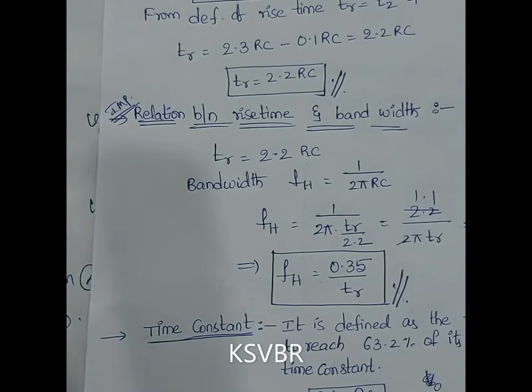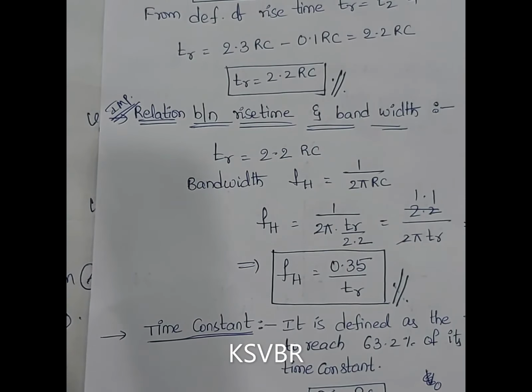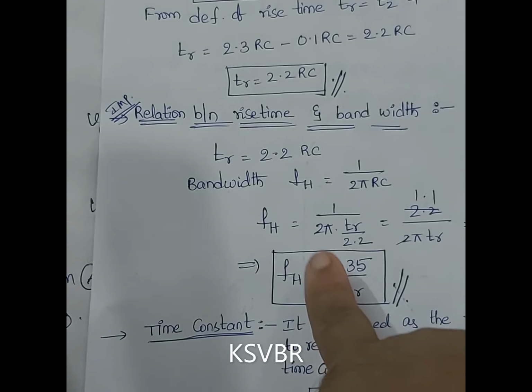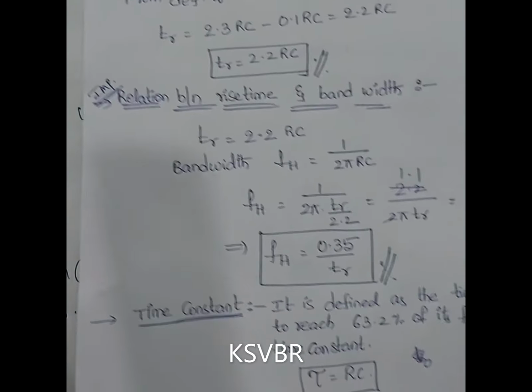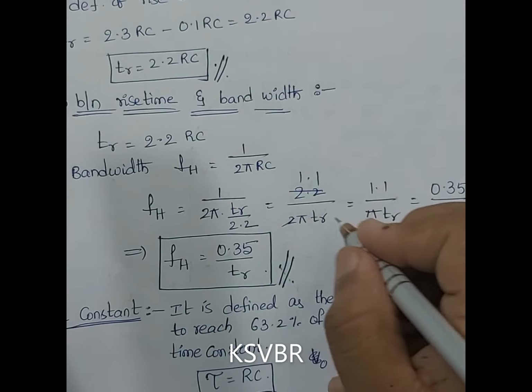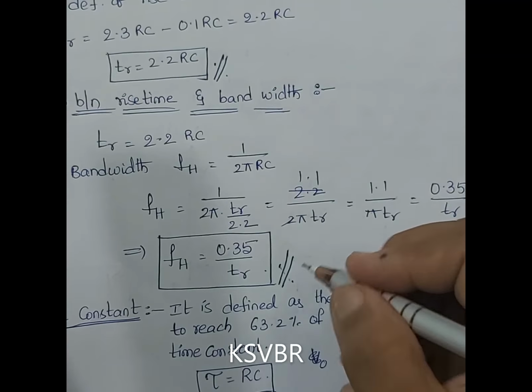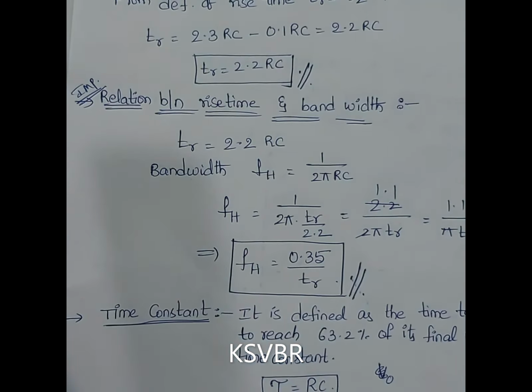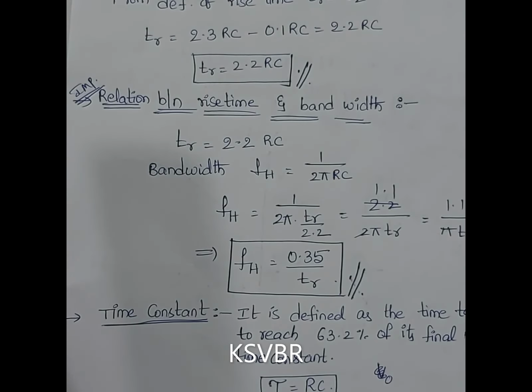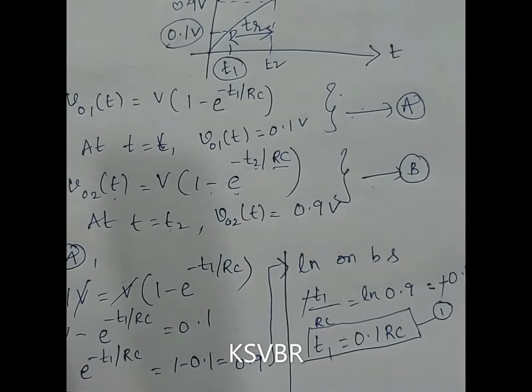FH is equal to 1 by 2 pi RC for low pass filter. So FH is equal to 1 by 2 pi into TR by 2.2. If you substitute, we will get FH is equal to 0.35 by TR by simplification with calculator. Okay, this is the relationship between rise time and bandwidth. Both the rise time definition, the rise time derivation, and the relationship between rise time and bandwidth are important concepts.